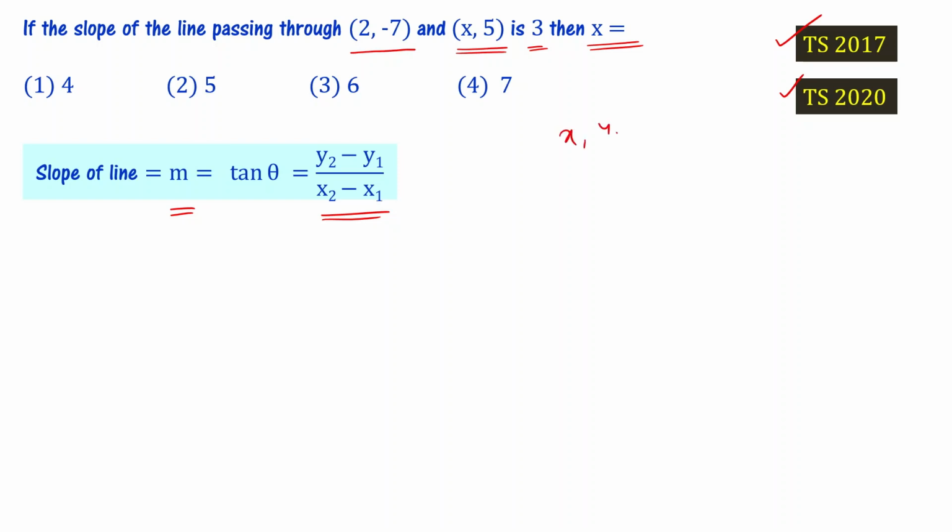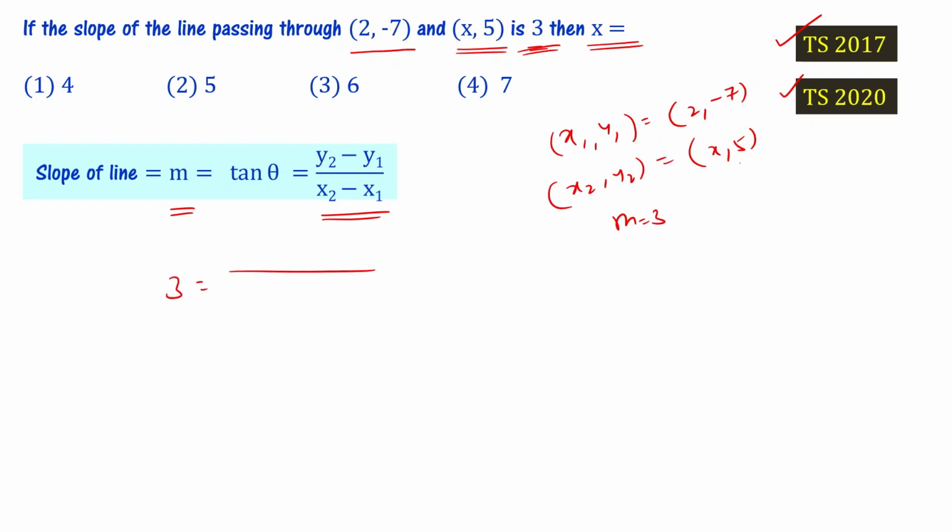So let's say we have x1 comma y1, that is 2 comma minus 7, and x2 comma y2, that is equal to x comma 5, and slope is given, that is 3, right? M equal to 3. So let's write 3 equal to y2 minus y1. This is going to be 5 minus minus 7 divided by x2 minus x1, that is x minus 2, right? This can be written as 3 equal to 5 plus 7 divided by x minus 2.